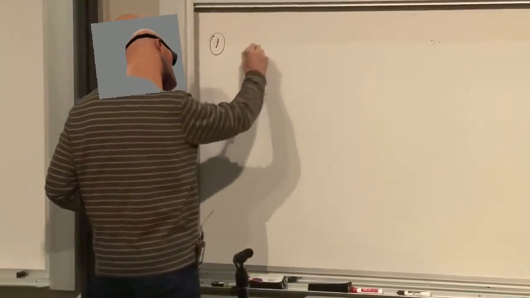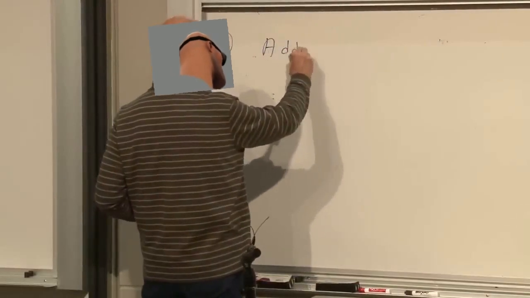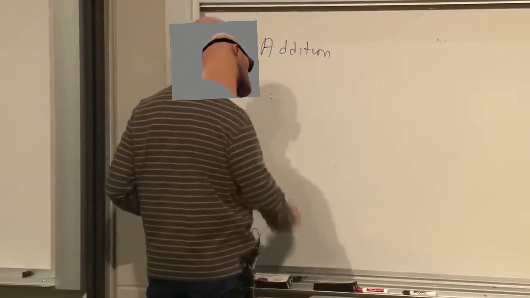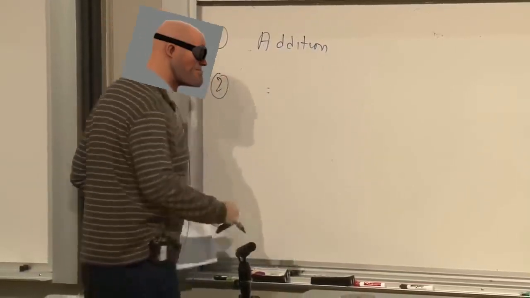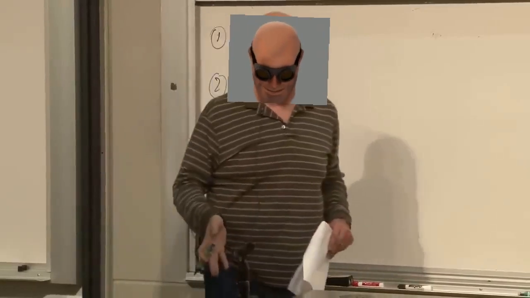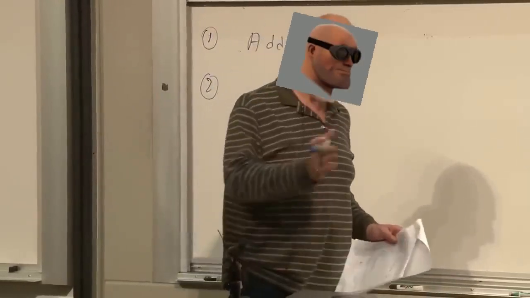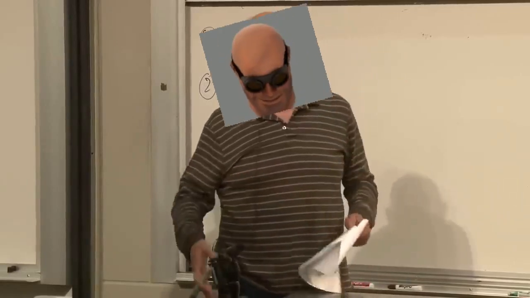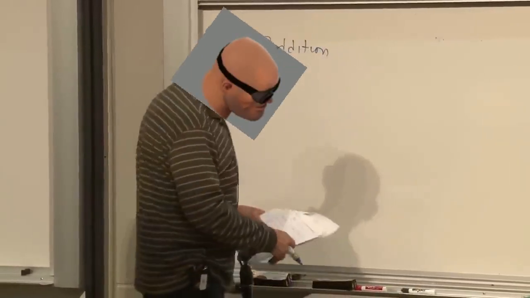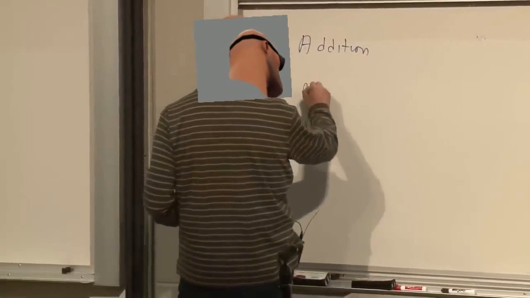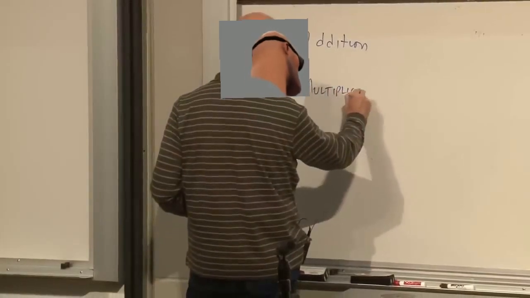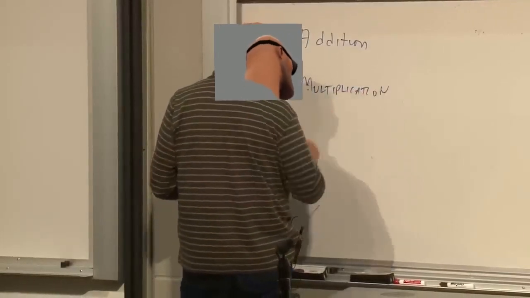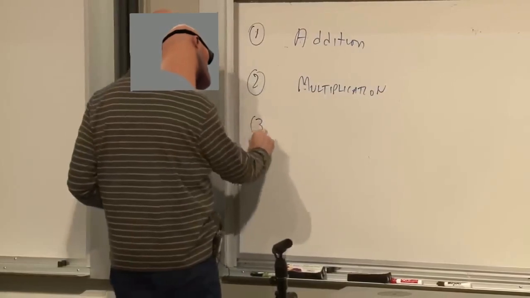1. Addition of tensors. That's the first operation we'll talk about. An addition, of course, includes also subtraction. If you multiply a tensor by a negative number and then add it, it's subtraction. 2. Multiplication of tensors. Makes tensors. 3.